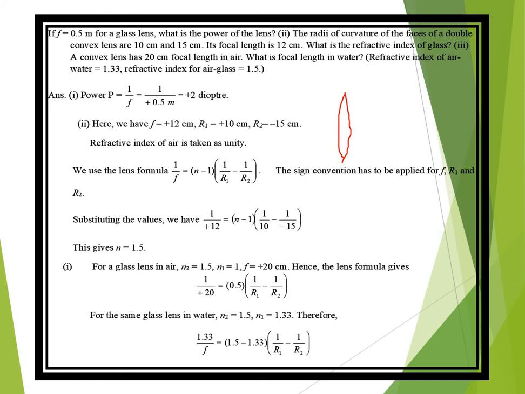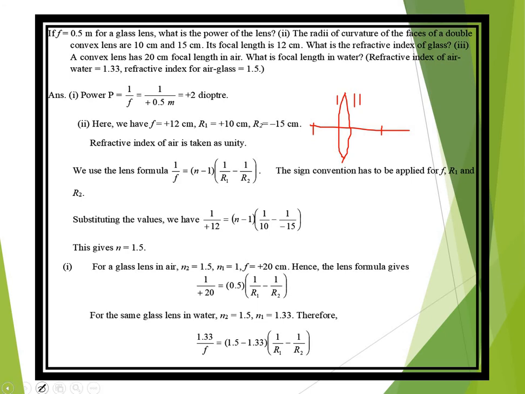If I draw the principal axis like this, then this is the first surface and this is the second surface. For the first surface, the center will be lying on the right hand side. For the second surface, the center will be lying on the left hand side.